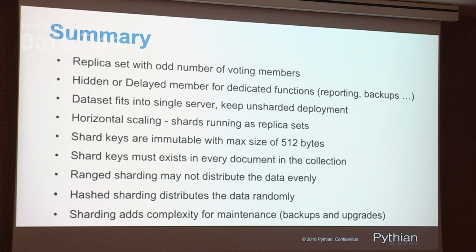And once you enable sharding, that adds complexity for maintenance, like doing backups on a sharded cluster and doing upgrades, because you now have a bunch of servers. You need to do upgrades not for 2 or 3 servers in a replica set, but there will be hundreds of servers.